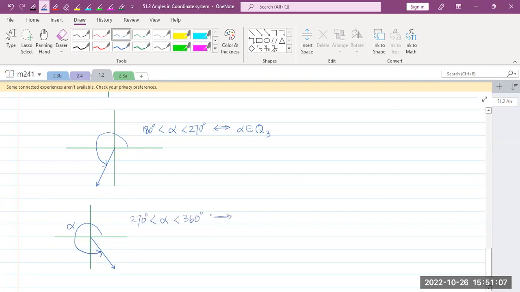We say that angle is in quadrant 4. Okay, those are angles in standard position.